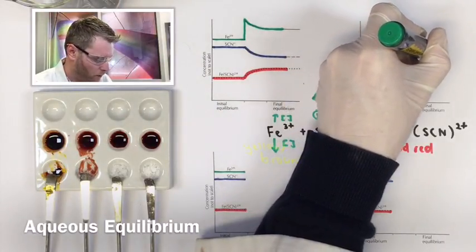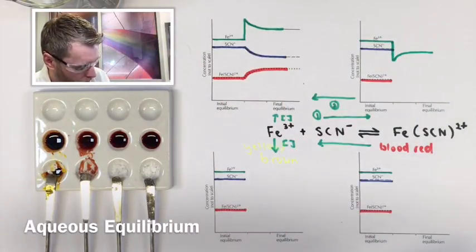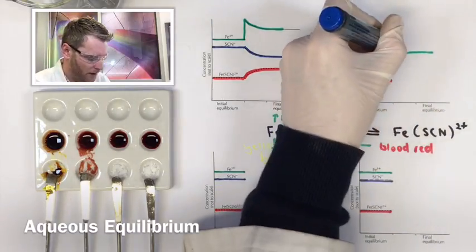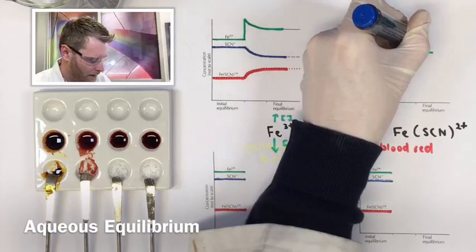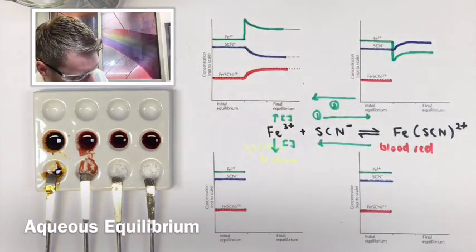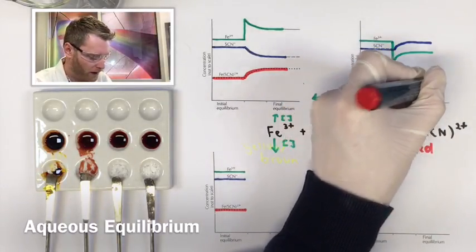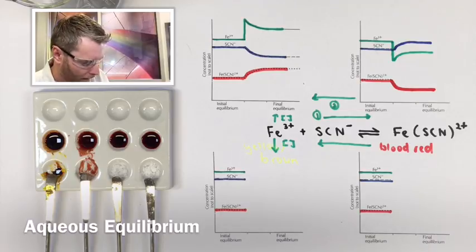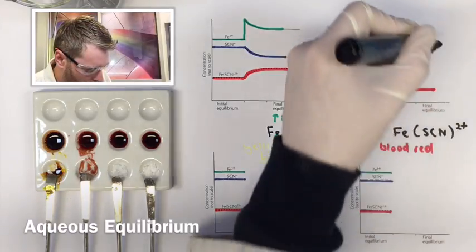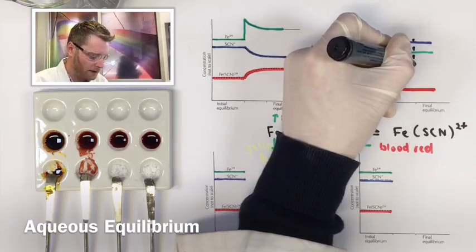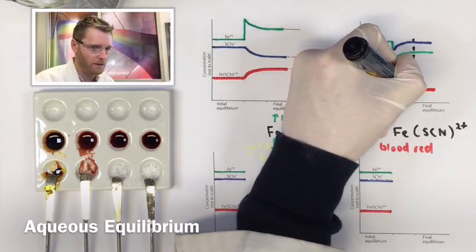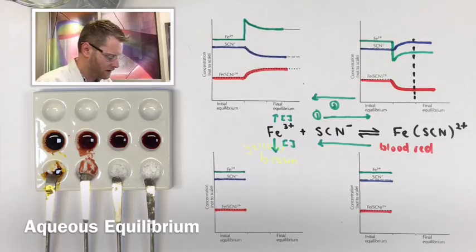If we're generating some more, then we'll also be generating some more for the thiocyanate ion, and this time our iron thiocyanate will be decreasing. Does the system reach a point of equilibrium again? Well, yes, we've got a point where the lines are parallel again, the concentrations are not changing with time, the system has re-established equilibrium.